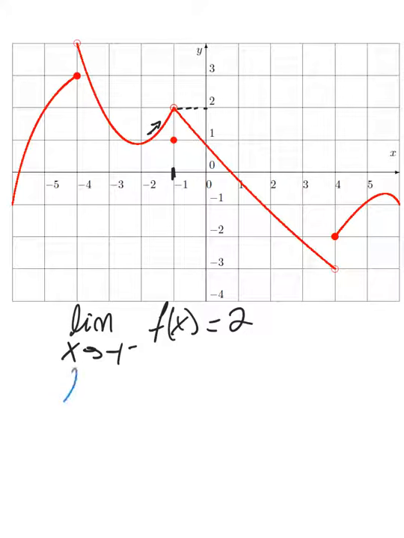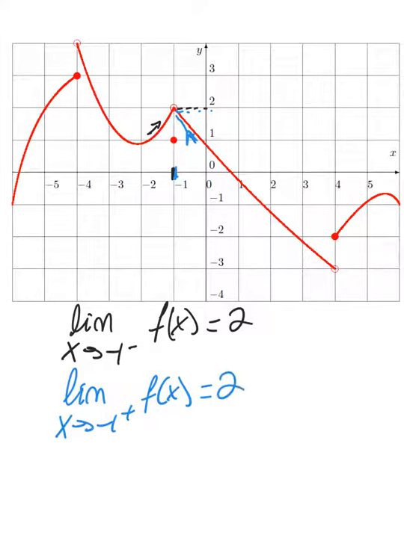All right, so now what is the limit as x approaches negative 1 from the right? Again, here's negative 1, but this is the right side of the graph. And as I get closer and closer to negative 1 on the right, again, it's going to approach 2. So what is the limit now as x approaches negative 1? Well, it's the same from both the left and the right, so the answer is just 2.